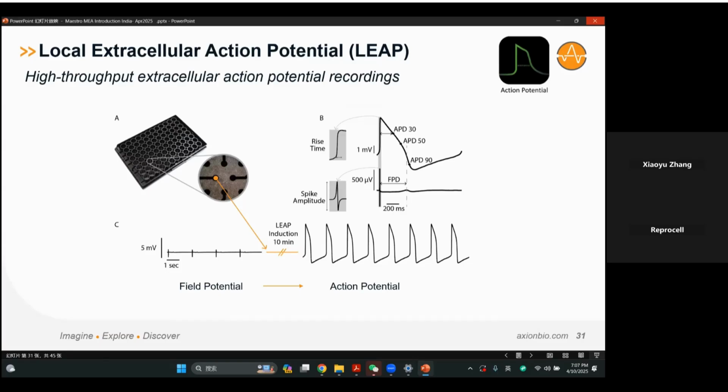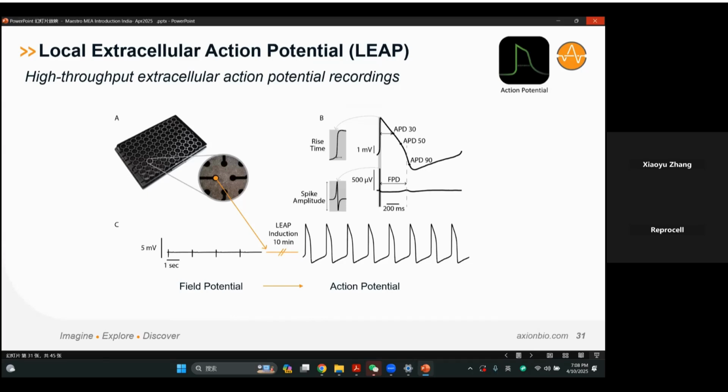Because the waveforms of the field potential and the LEAP are quite different, the waveform of the LEAP is closely similar to the transmembrane voltage of an action potential. That's why we call it local extracellular action potential.